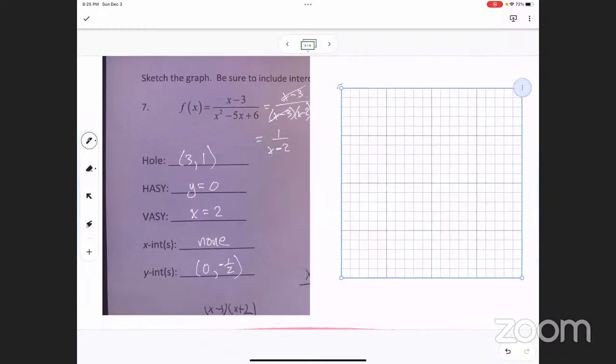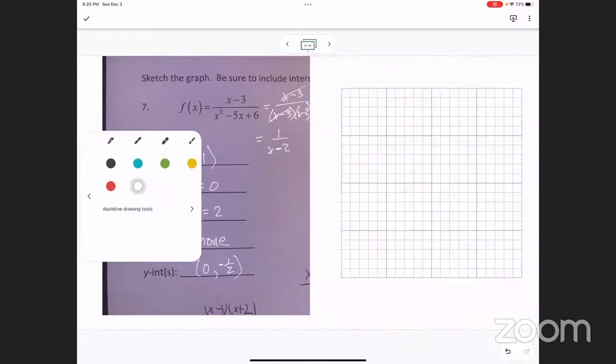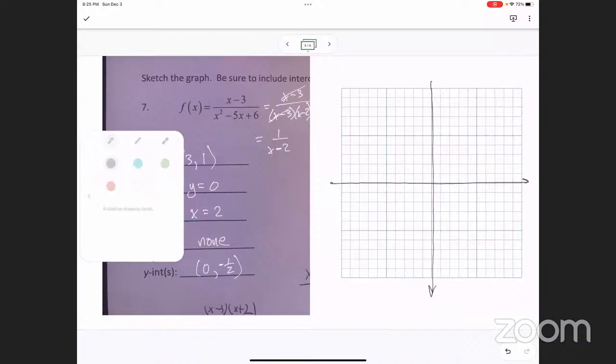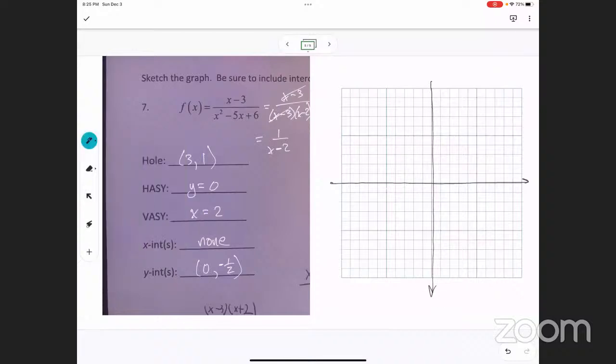Okay. So let's graph it now. So there's my x-axis. There's my y-axis. My hole is at 3, comma 1. There's a hole. My horizontal asymptote is the x-axis. My vertical asymptote is x equals 2.